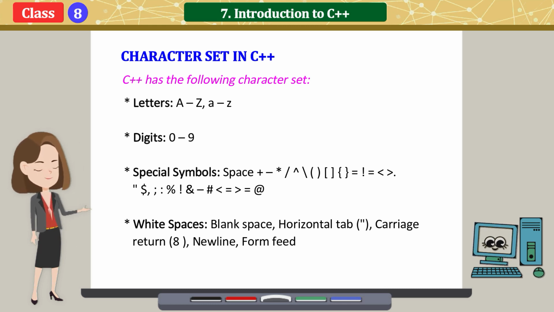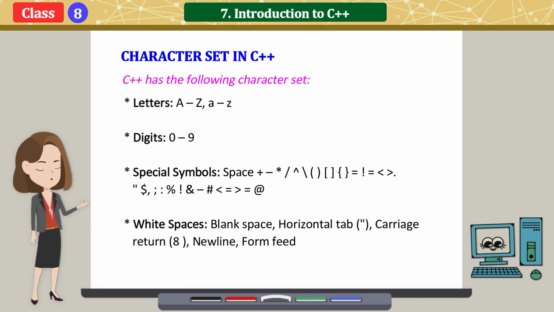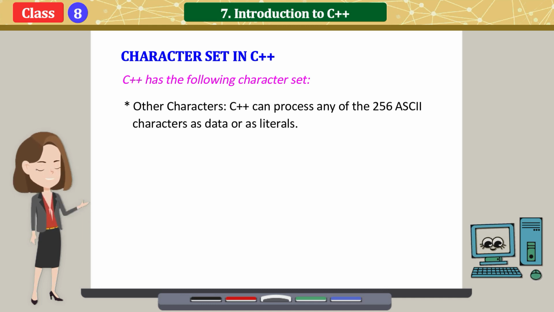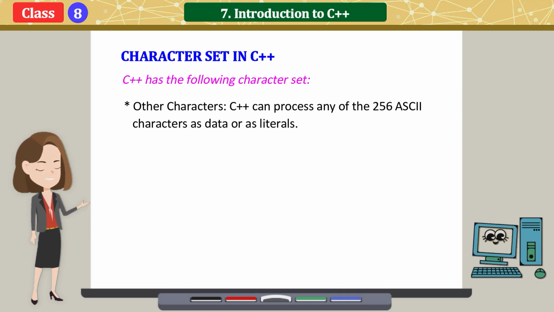Special symbols, such as space, plus, equal to, $, %, and #. White spaces: blank space, horizontal tab, carriage return, new line, form feed. Other characters: C++ can process any of the 256 ASCII characters as data or as literals.